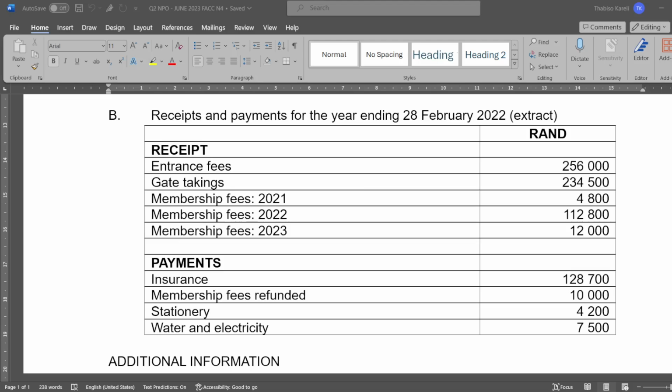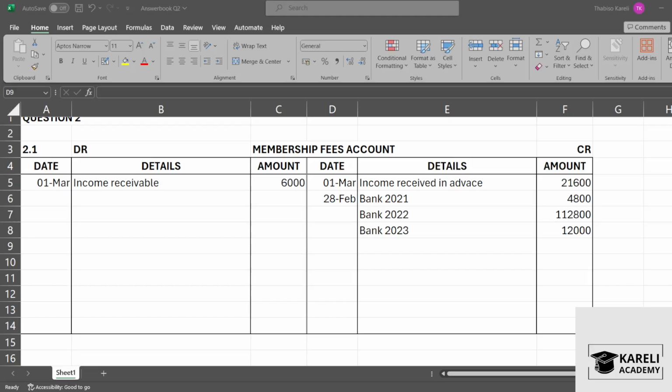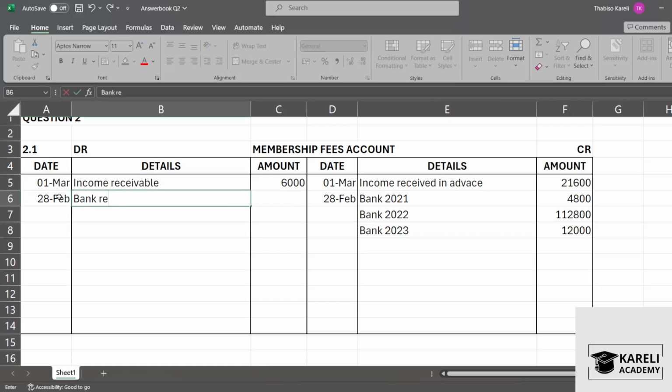It goes to the debit side. Now on the debit side, remember to include the date. It's on the 28th of February. We will have the bank refunds. Now how much are the refunds? Our refund is 10,000. You see that? Now let us continue.